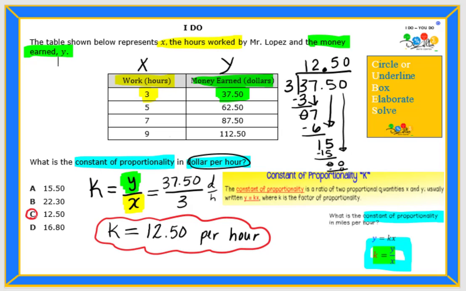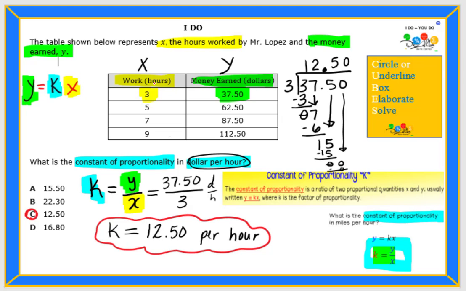So C. If I look at this table, I want to consider y equals kx. That means that y, this value right here, we are getting by multiplying 12.50, which was our constant of proportionality, times our x value.